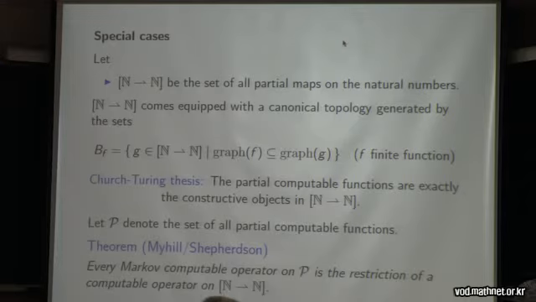Then the first result in this respect was by Myhill and Shepherdson, and they showed that indeed every Markov computable operator on P is a restriction of a computable operator on the space of all partial maps from N to N. So in that case, it was a positive answer to this question.